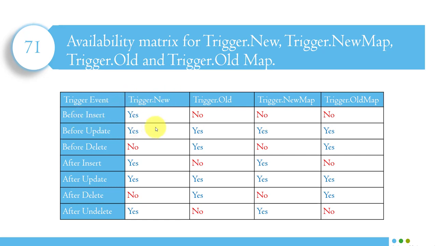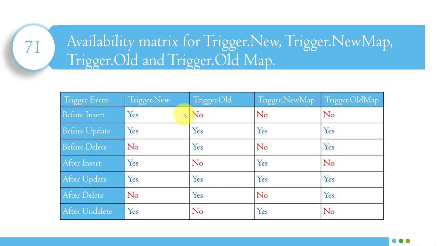Similarly you can do all these four: give trigger.old in system.debug in before insert, then trigger.newmap, and similarly trigger.oldmap. Do one by one. First do for before insert.